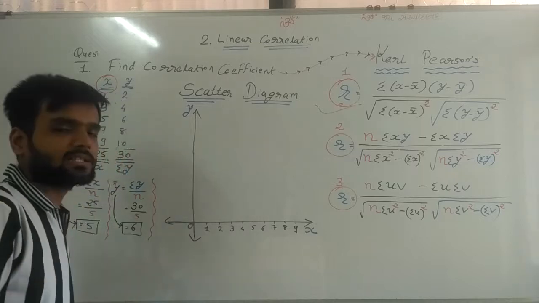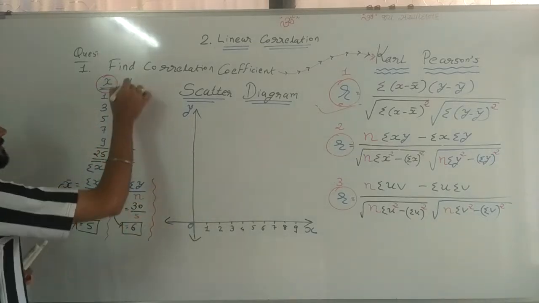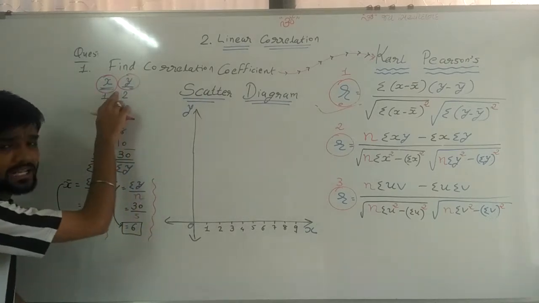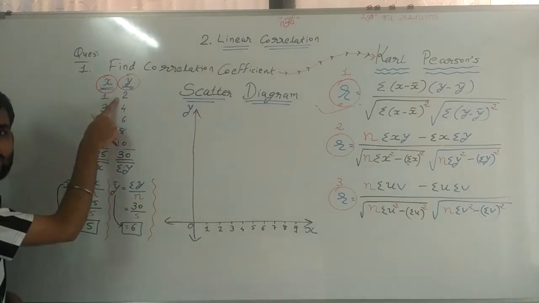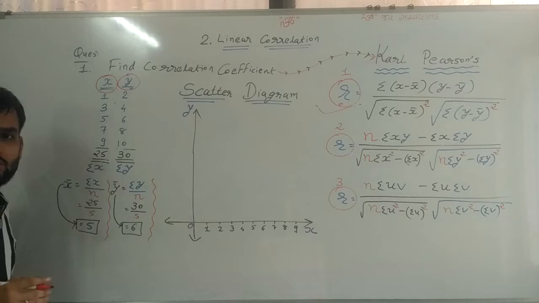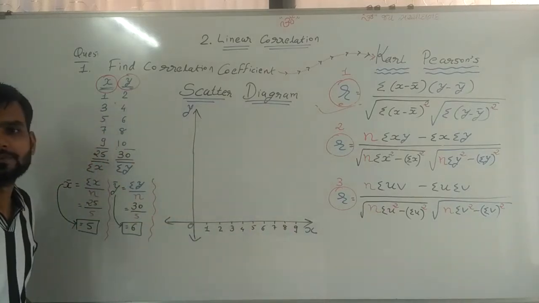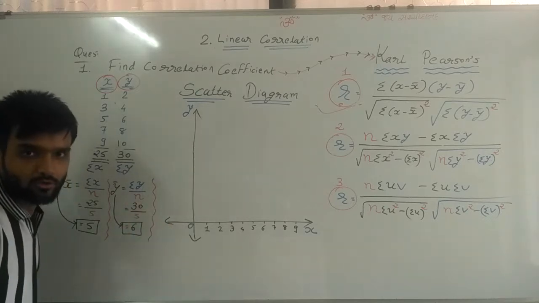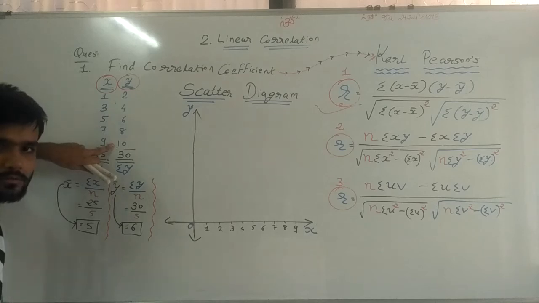Now check the y-axis. For the y-axis, again see the values of y. On the y-axis the minimum value is 2 and the maximum value is 10. So I have to start with 0 and go up to 10.